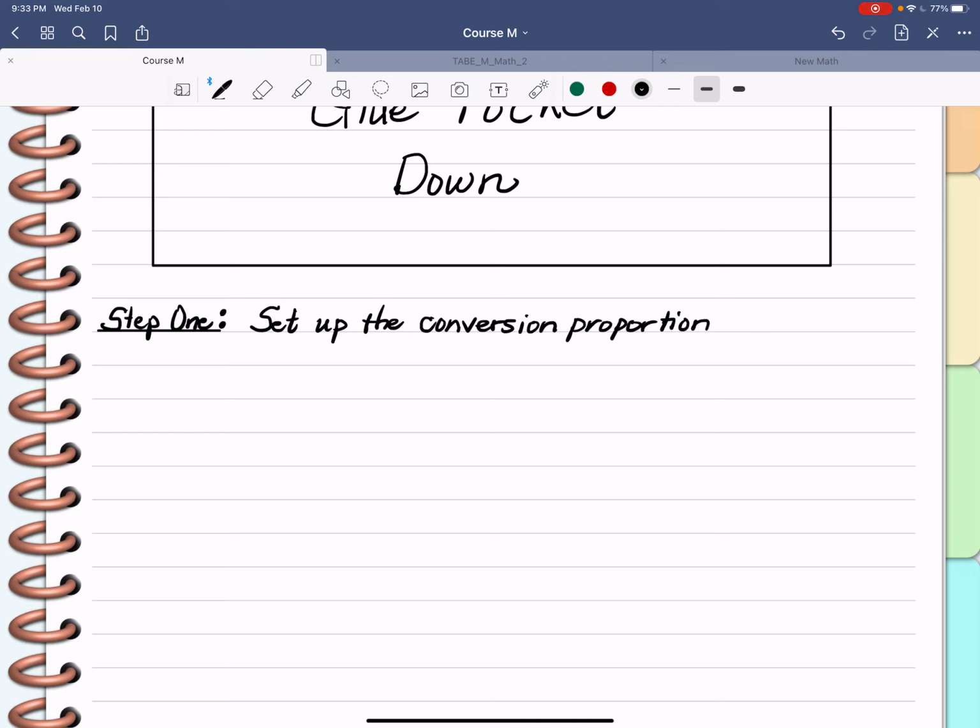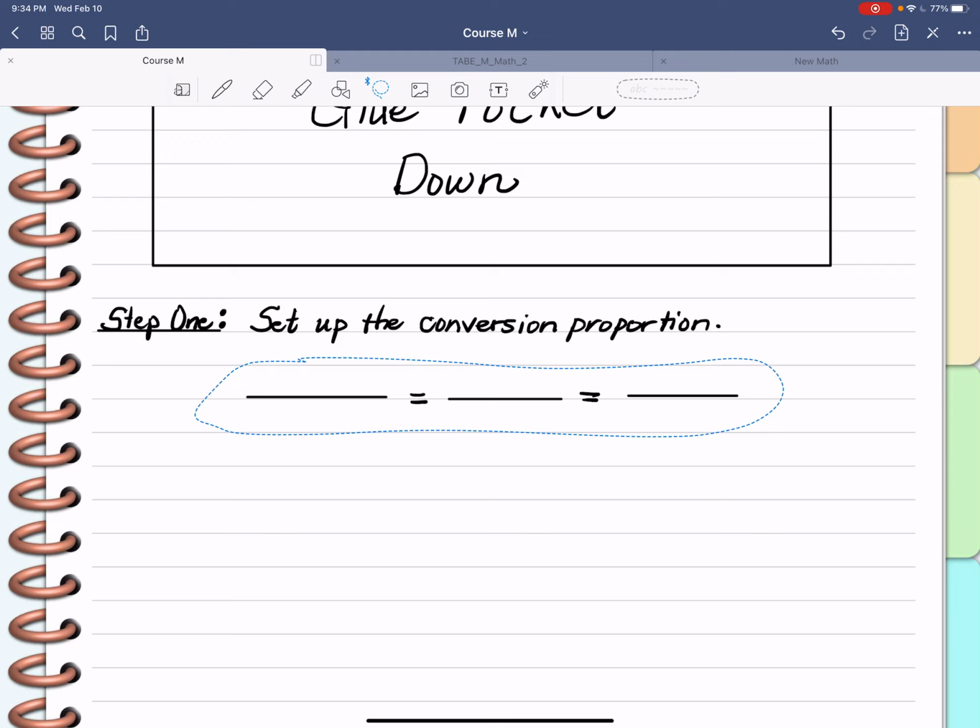And a conversion proportion looks like this. You have 3 fraction bars with equal signs. So that's what I mean. Set up the framework. Organize this process so that you don't have to even really think about what you're doing. You just have to work the math.